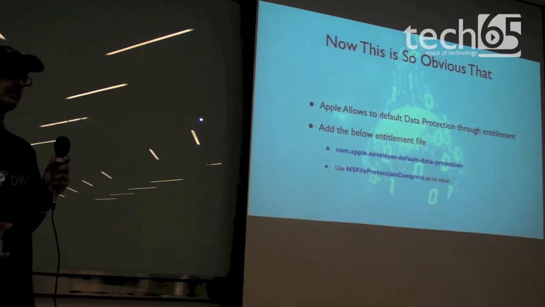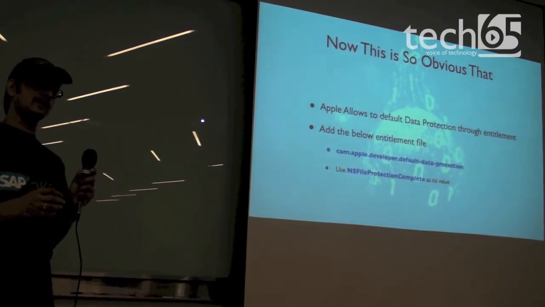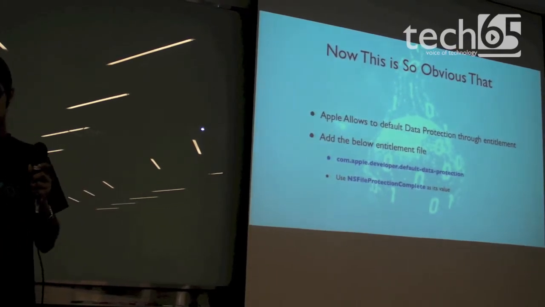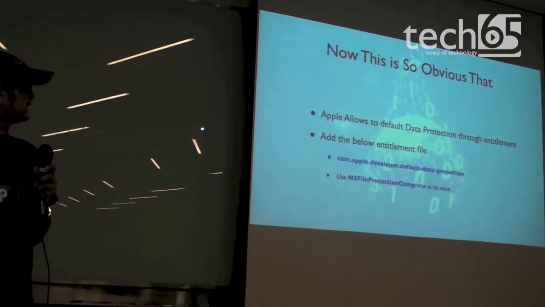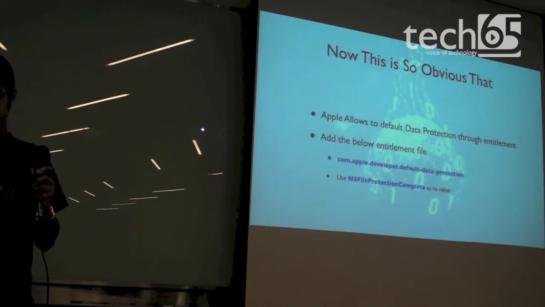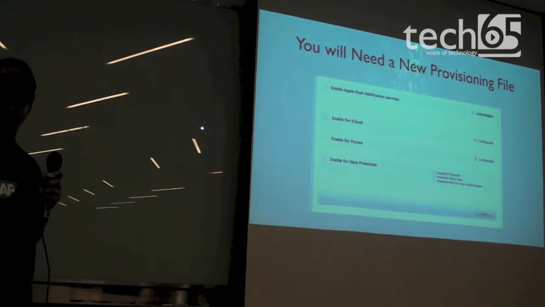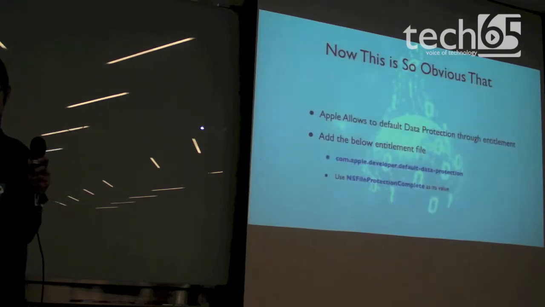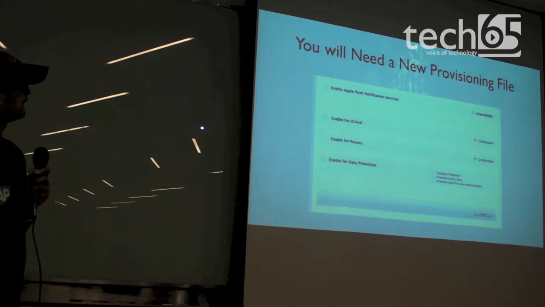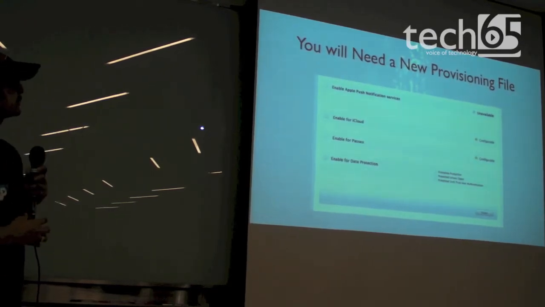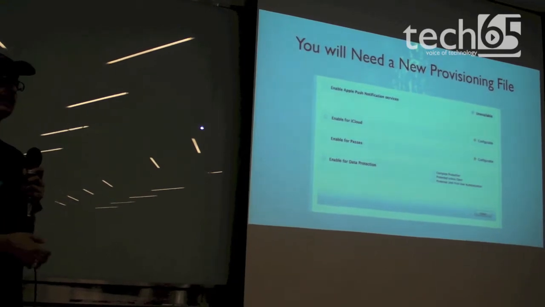Now if you want to change any of these, for example, if you want to do background operation, for those particular methods, you can use the other options that I talked about. You also need to enable it on your development portal, and you need to download a different provisioning profile, and only then will the entitlement work.